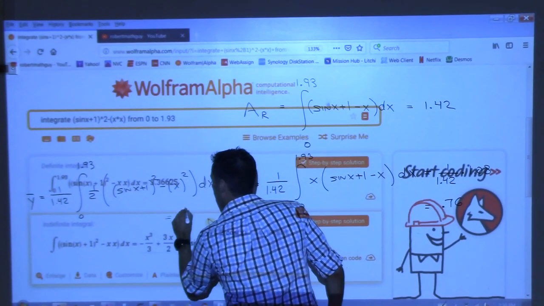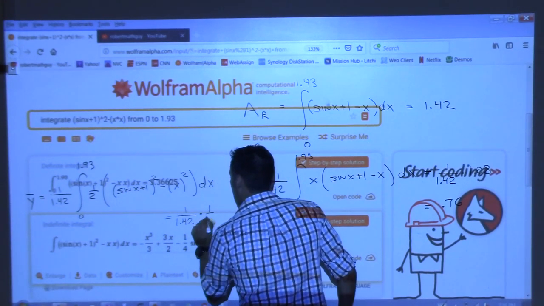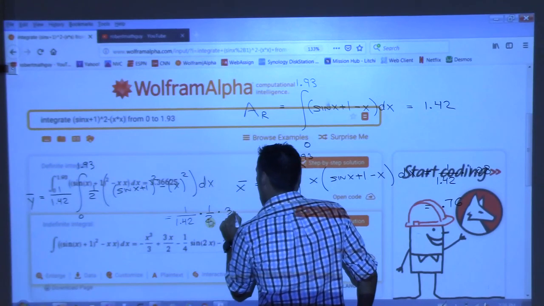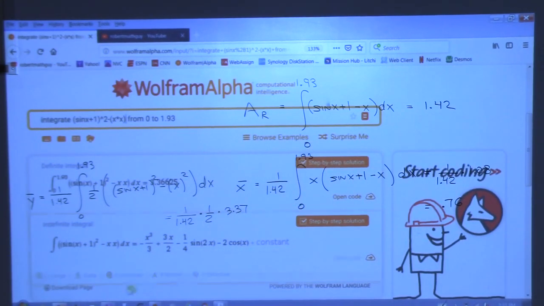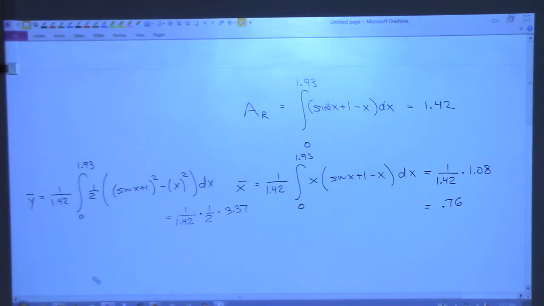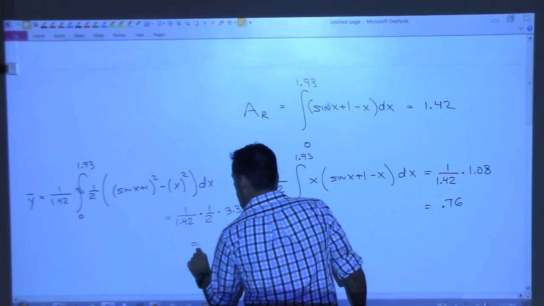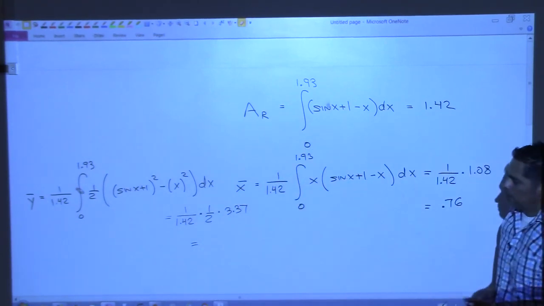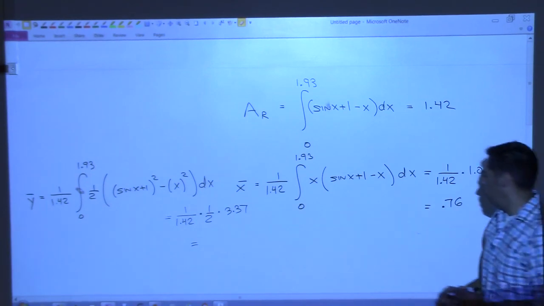So this is 1 over 1.42. Then I still have 1/2 out there. Then this was 3.37. So I've got to do that. Who's got that for me? Anyone? 1.19.